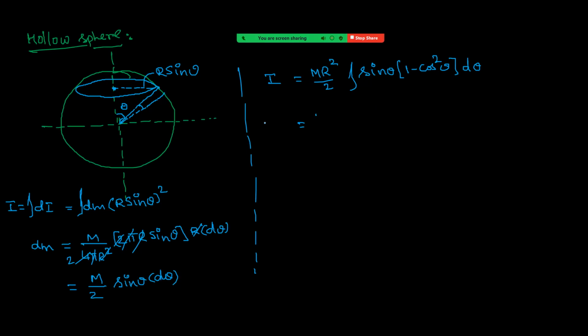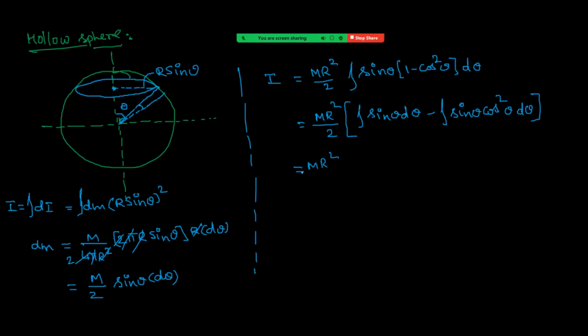See what we get, or continue like this only, m r square by 2 into the integration of sine theta d theta minus the integration of sine theta cos square theta d theta. We have two parts here. Let us see the calculation properly.